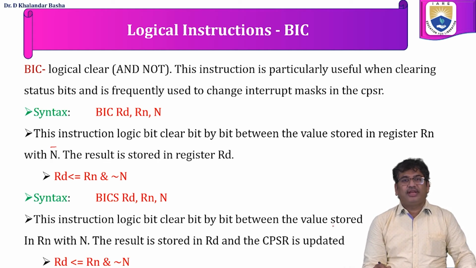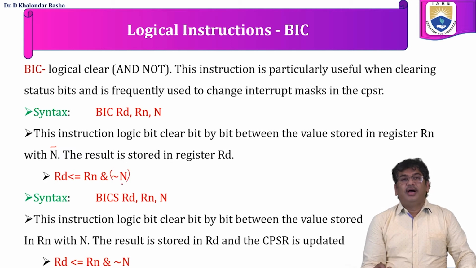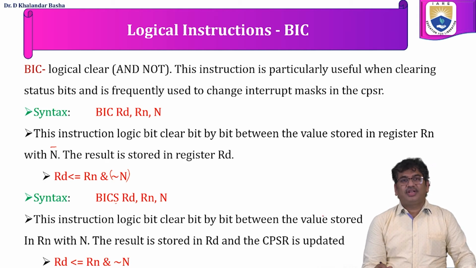The functionality we can write as Rd is assigned with Rn logical AND with the complemented N value. If S is added to BIC instruction, based upon the result, it will update the flags in the CPSR register.